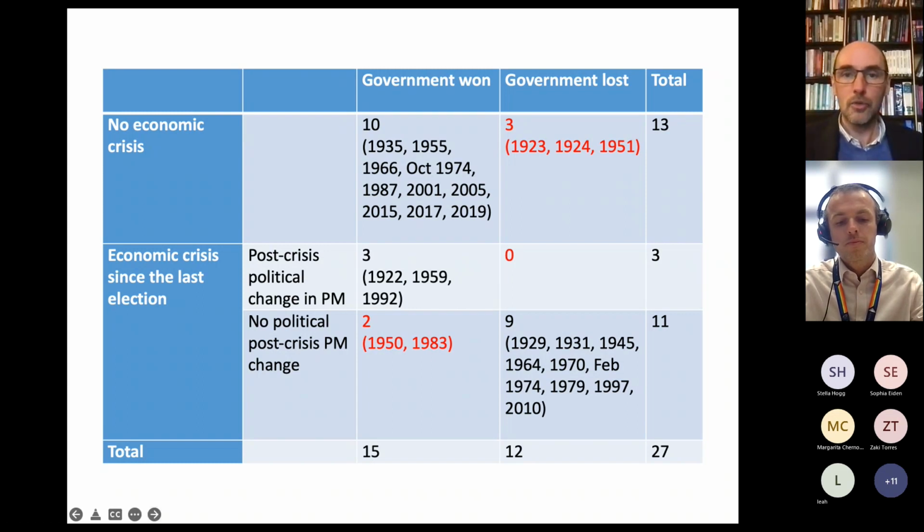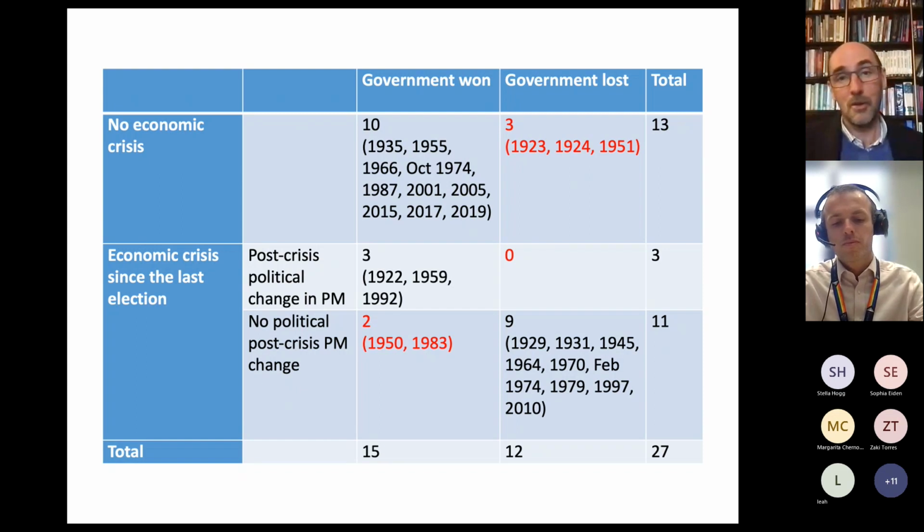But a really crucial understanding here is that the Conservatives have changed prime minister after crises for political reasons. Now, it's not the case that Labour never changed prime minister. They did before the 2010 election, in 2007, when they switched from Blair to Brown. But the trouble was that was before the crisis, before the 2008 financial crisis.